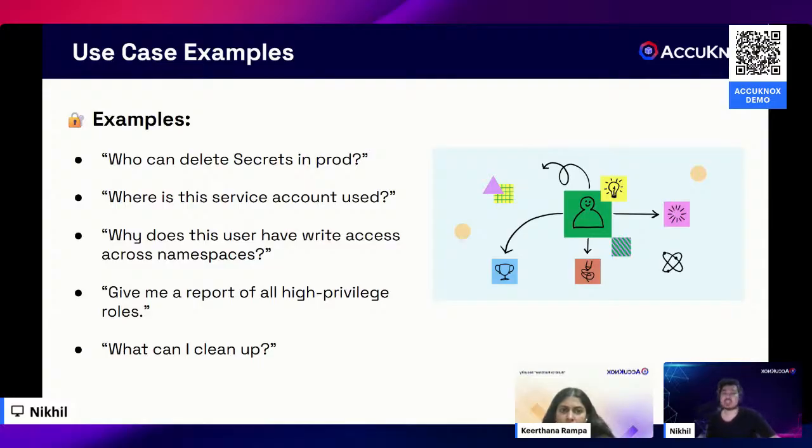Or maybe it's audit time and you need a report of all the high-privilege roles and which users have those roles, so you can export it and provide it to your compliance team. KIM lets you answer these in seconds, and even better, you can export the data for documentation, which I already talked about. So this is pretty much it, and we can talk about the demo, right? Yeah.